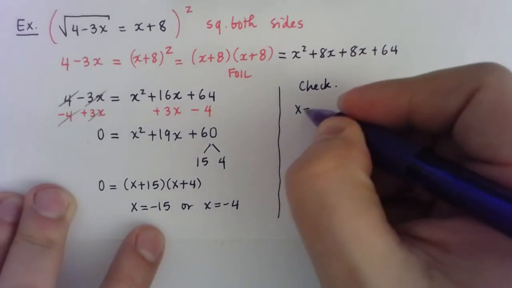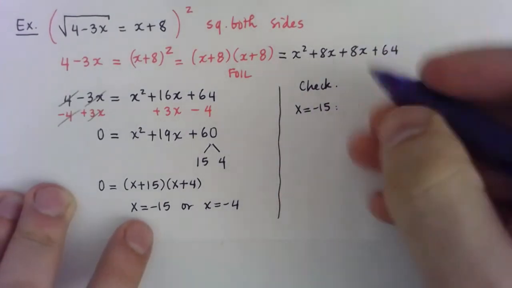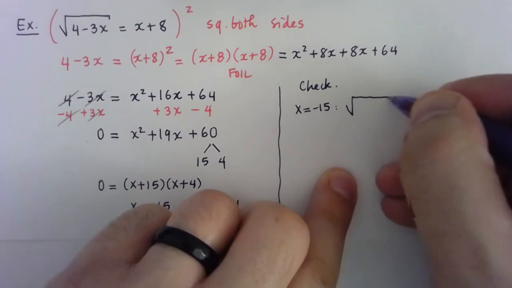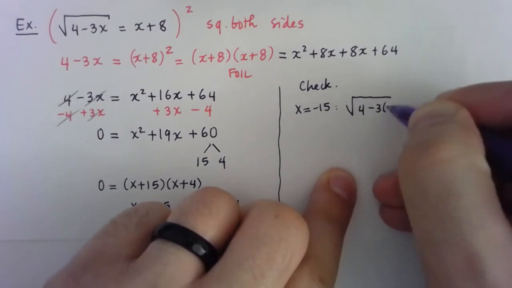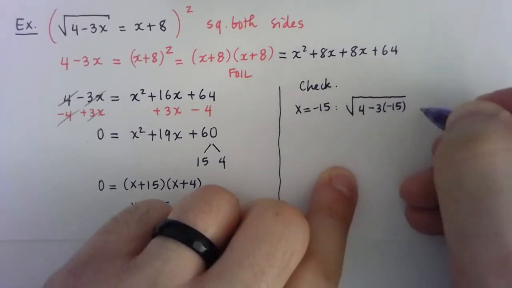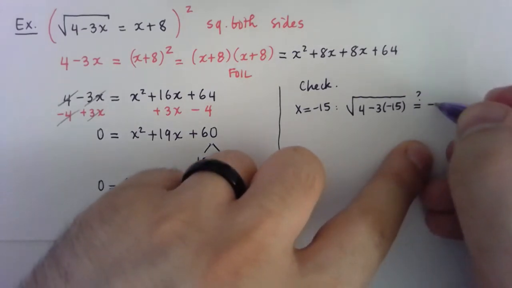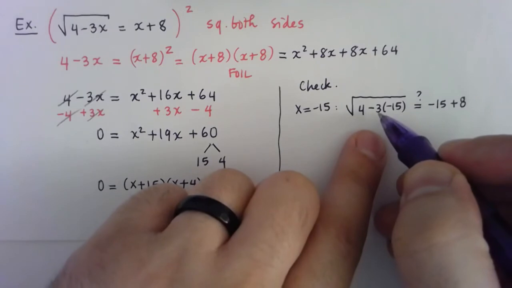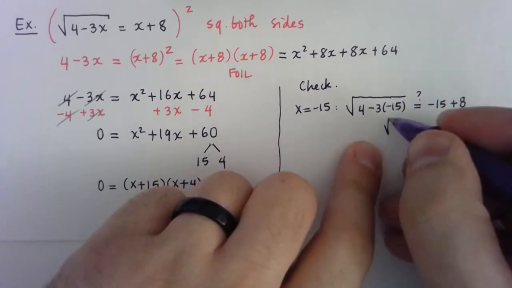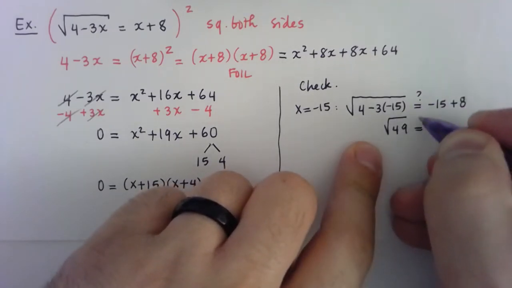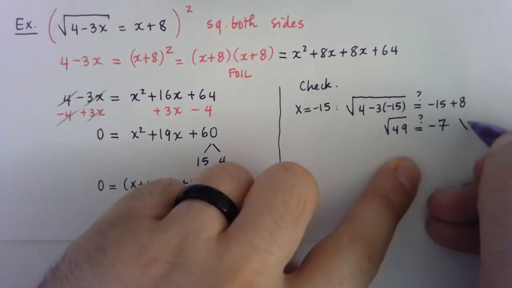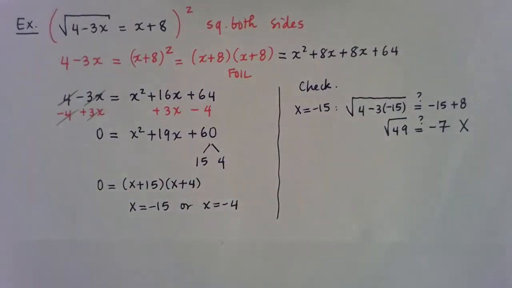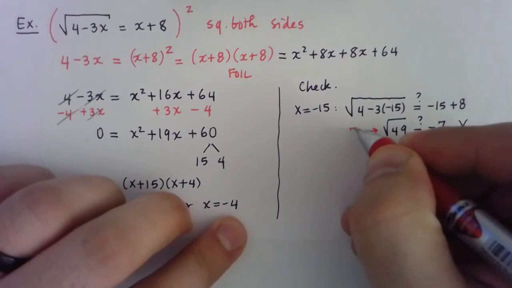So if x equals negative 15, is the square root of 4 minus 3 times negative 15 equal to negative 15 plus 8? Now that's going to be 45 plus 4, so it's the square root of 49. Is that equal to negative 7? No, because the square root of 49 is actually 7.